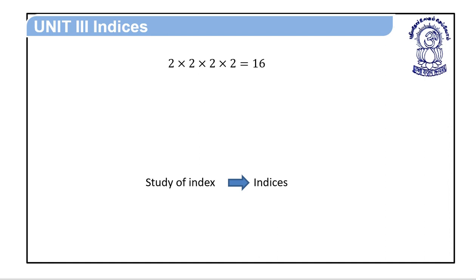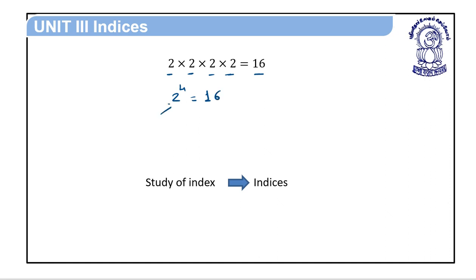For example, let us take multiplication of 2, 4 times: 2 into 2 into 2 into 2. 2, 4, 8, 16. Here we can also write 2 raised to 4 is equal to 16.